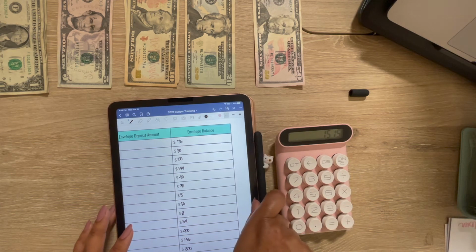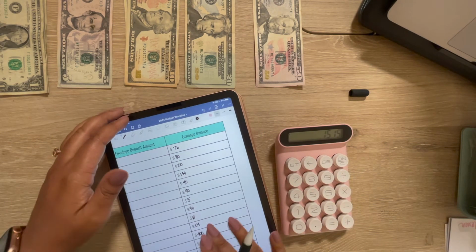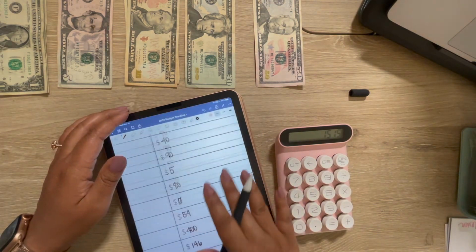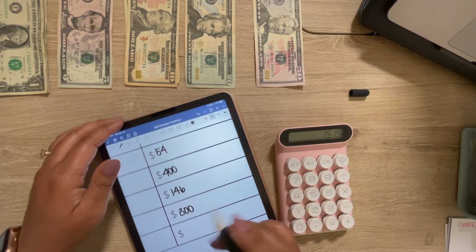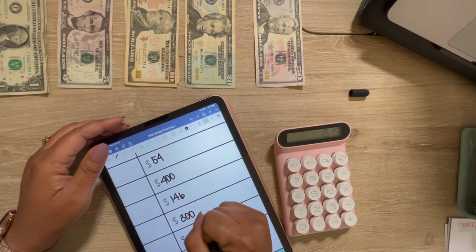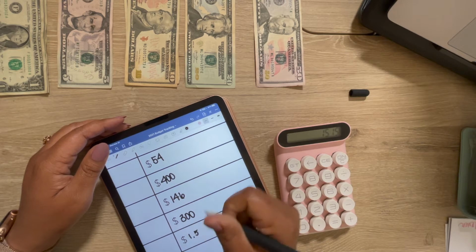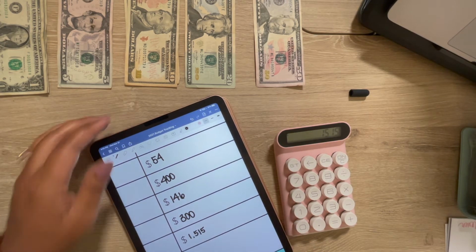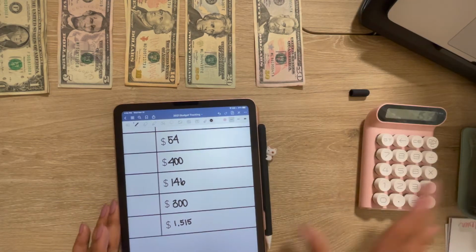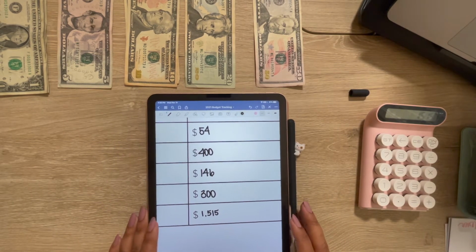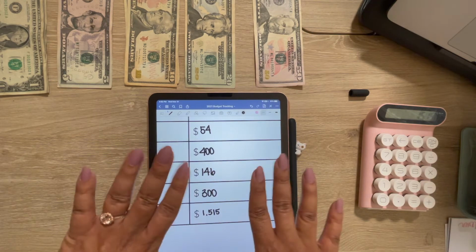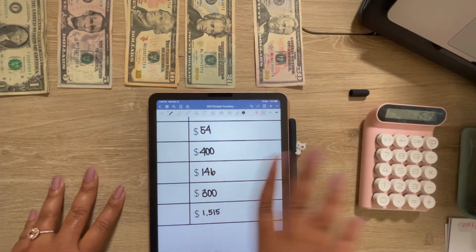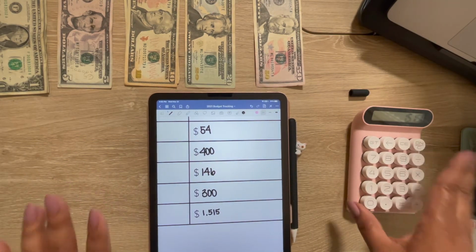So we now have $1,515. Y'all, I've been saving in these sinking funds for about a month now, and I managed to save $1,500, which is fantastic.